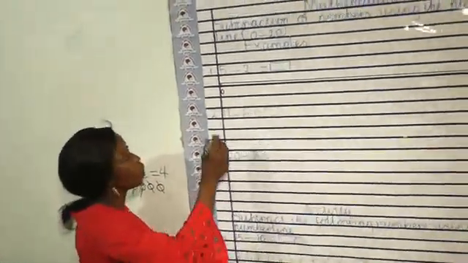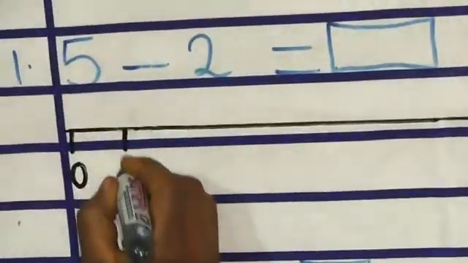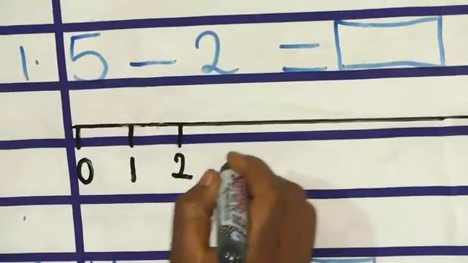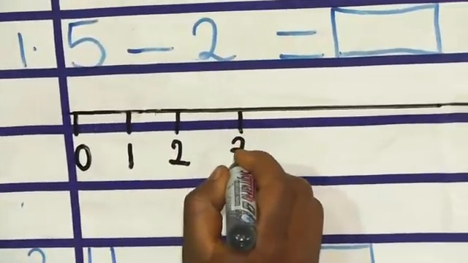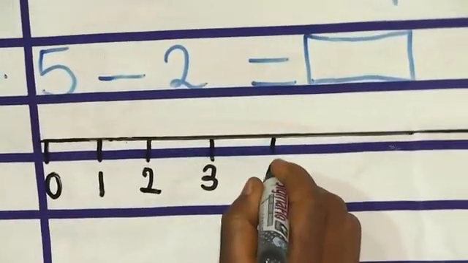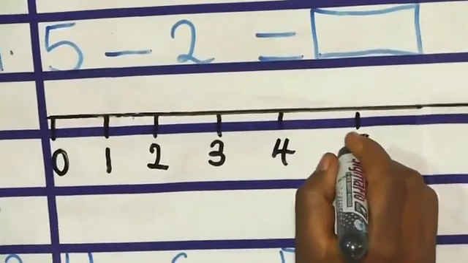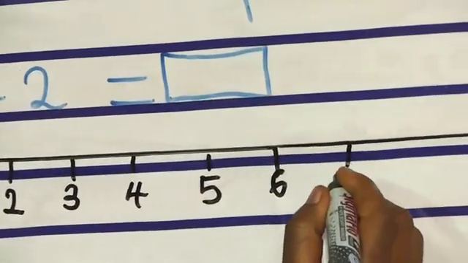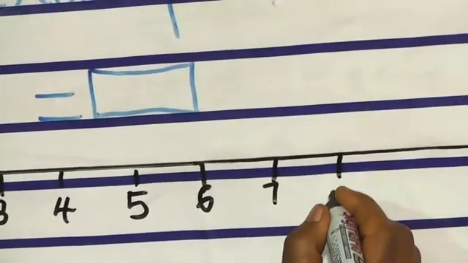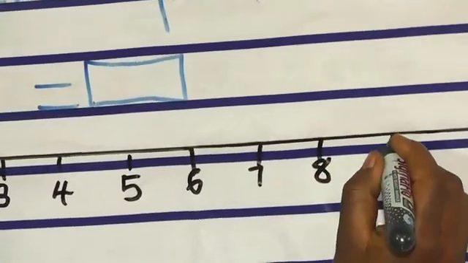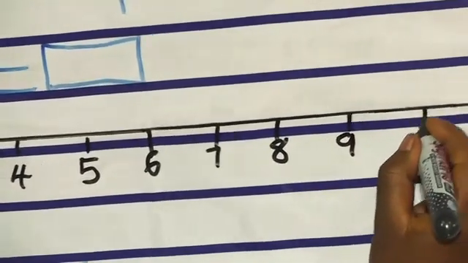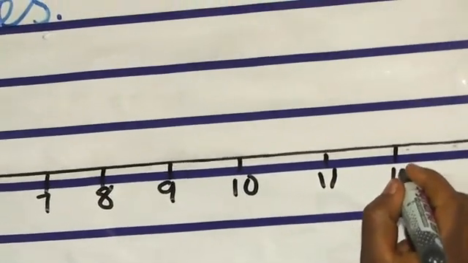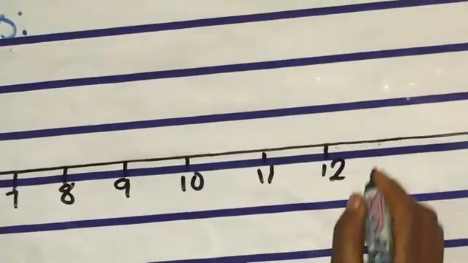Now we have 0, the next number will be 1, the next one will be 2, 3, 4, 5, 6, 7, 8, 9, 10, 11, 12. Hope you are following.